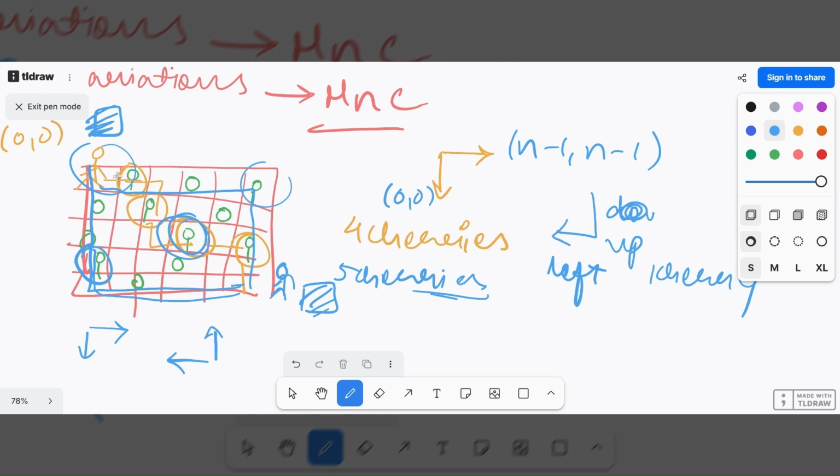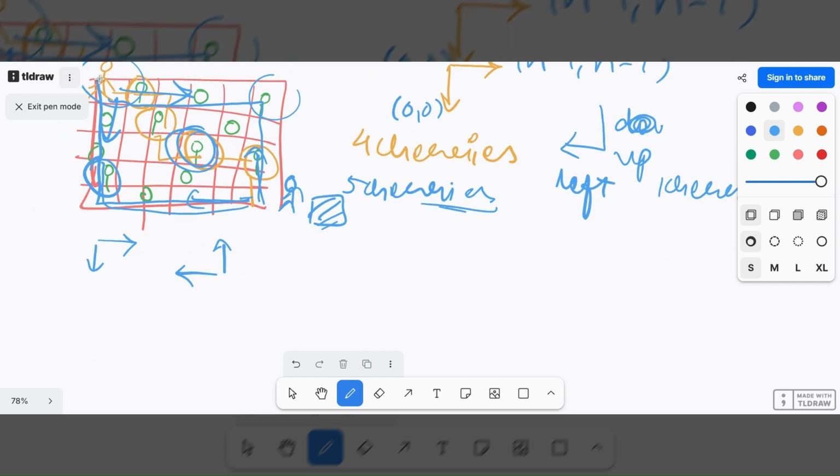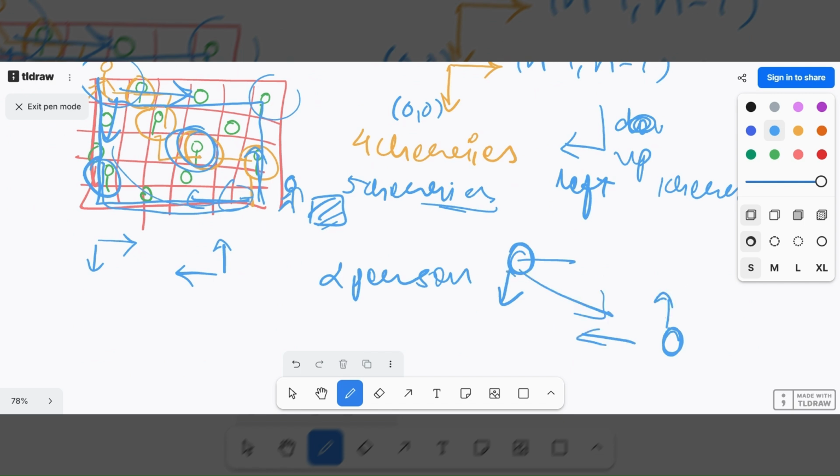So this person can go either there or here, this person can go here or here, and there are two different possible directions and two different persons. So rather than waiting for this person to come here and then start back again, we can consider two persons, one on top left, one on bottom right, both starting their own ways and collecting cherries such that total cherries are maximized. I hope you got the question.